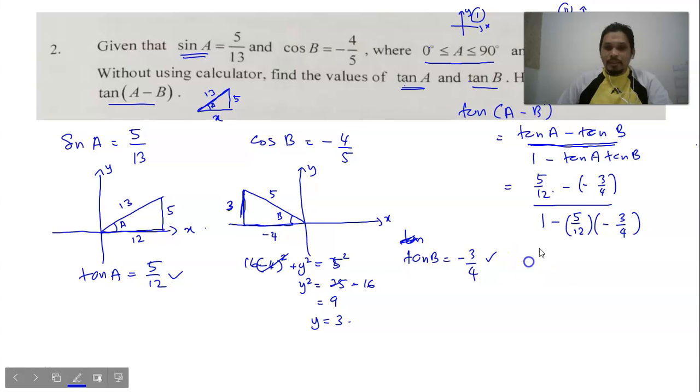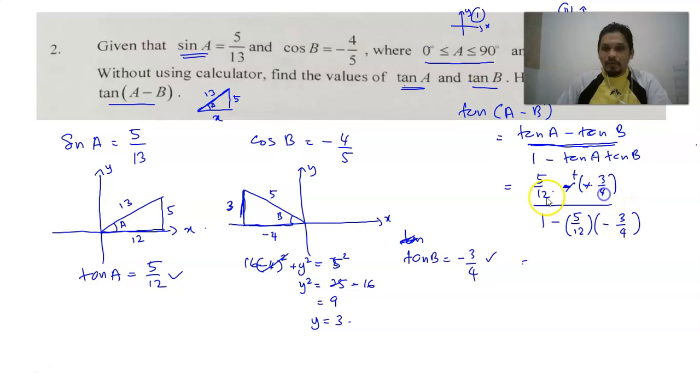Okay, now tangent A minus negative 3/4, negative becomes positive. And then 4 with 12, we equalize the denominator, so make it this one 4 times 3 and 3 times 3.